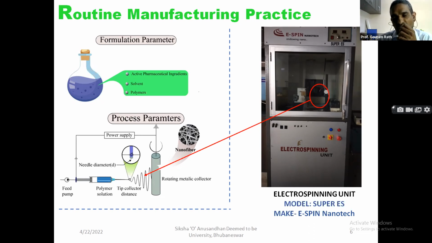And when the conductivity overcomes the surface tension of the polymer solution, the polymer solution automatically stretches and is collected on the collectors. So the stretching of polymers helps to make the polymer into a fiber of diameter less than 200 nanometers.